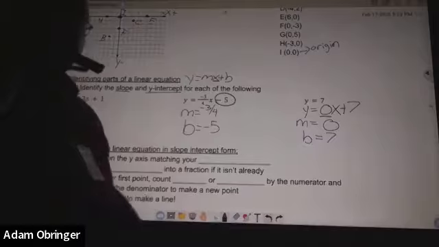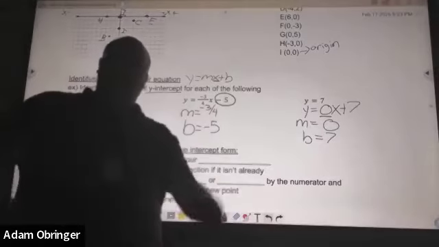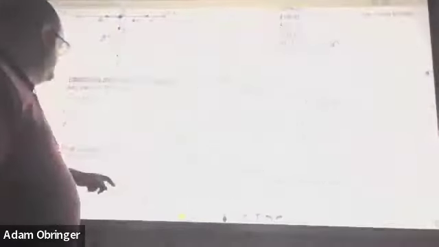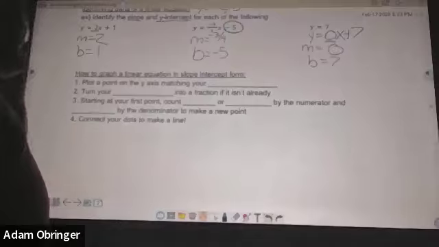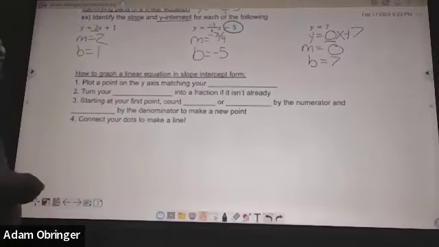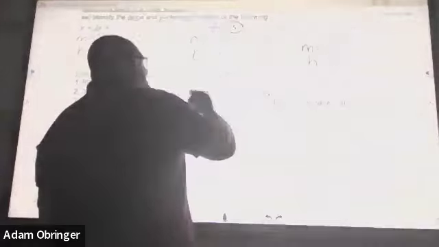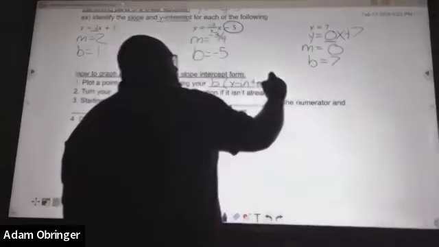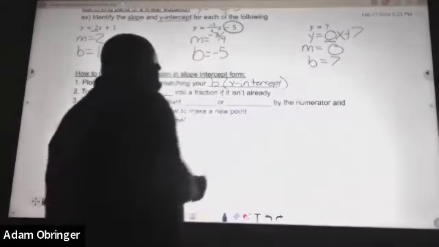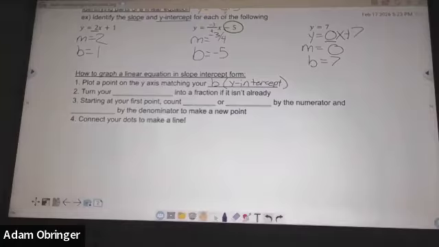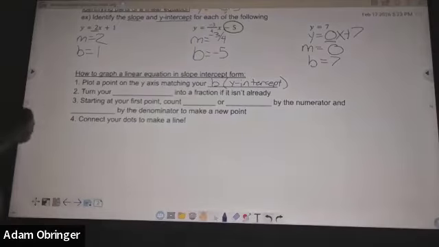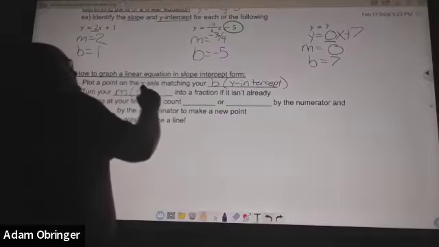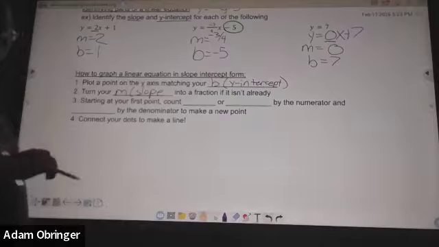Now we're going to take these skills and put them together, and we're going to start producing graphs of linear equations, and those steps are written out here. This is how to graph a linear equation in slope-intercept form. You're going to plot a point on the y-axis measuring your b, which keep in mind is our y-intercept. Step 2, you're going to turn your m, which is slope, into a fraction if it isn't already.